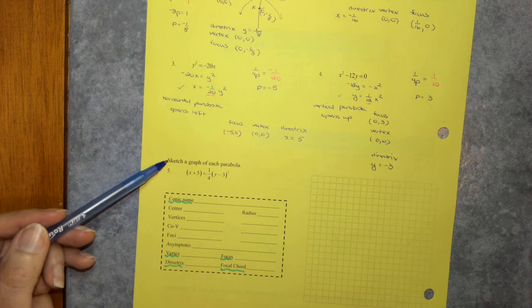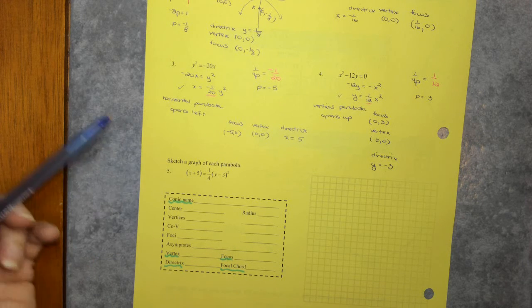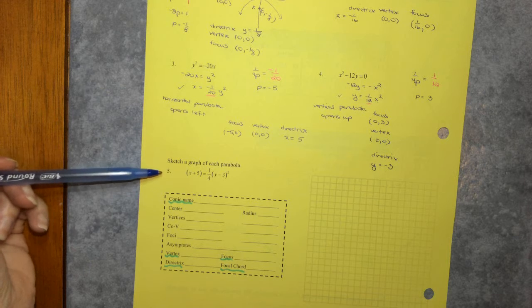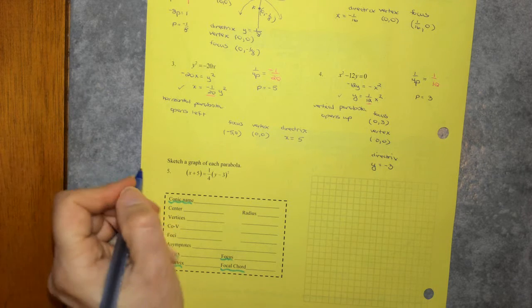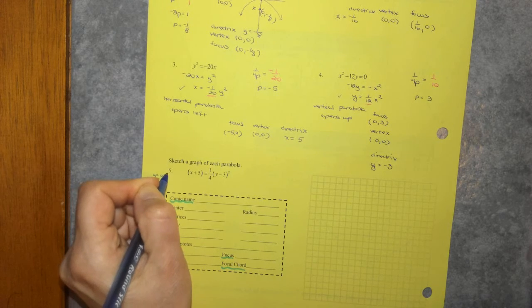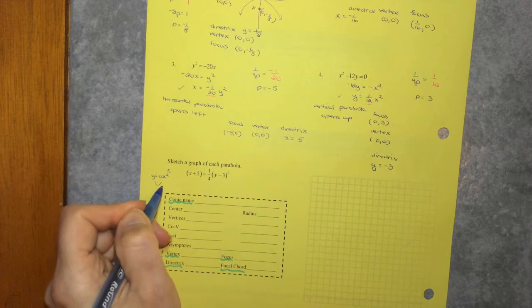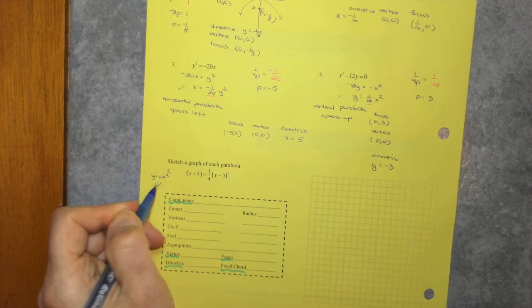Now, as I get ready to sketch my graph, we want to pay attention to whether the x is squared or the y is squared. Again, if we need to, off to the side, we can always write our little reminder about what this graph could look like.